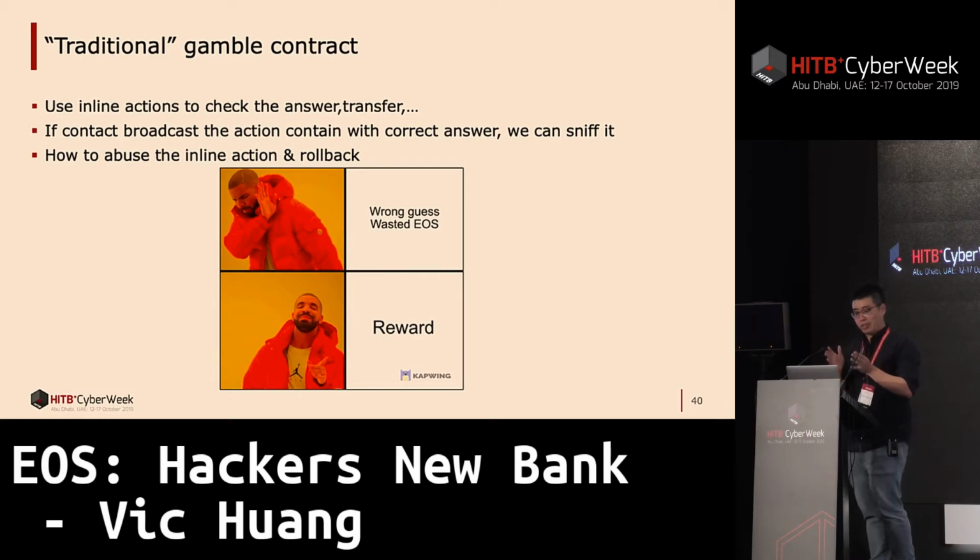With this kind of mechanism, you can let the player know the results very fast, but it causes some problems, because if one of the actions in a row errors, the whole set of actions will be rolled back. So as a player, we don't want to gamble and waste EOS or have a wrong guess. We only want rewards.